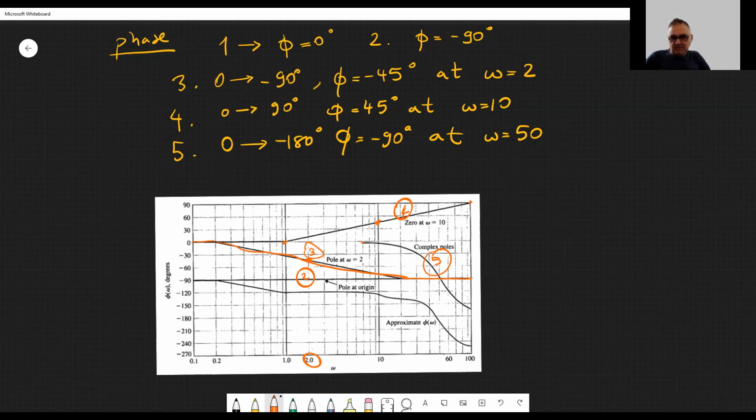It's not a straight line. They drew something like a tangent. So the addition of 2, 3, 4, 5 all added is this curve. This is the approximate picture.